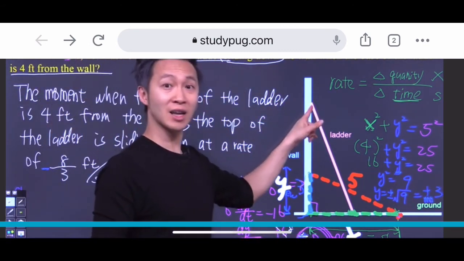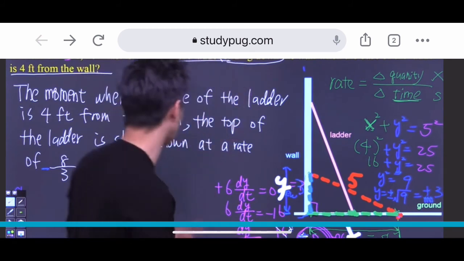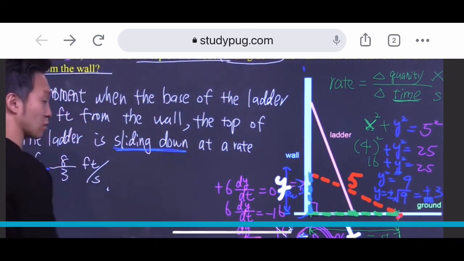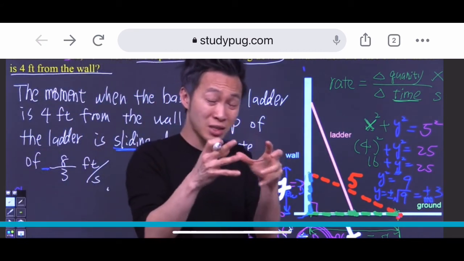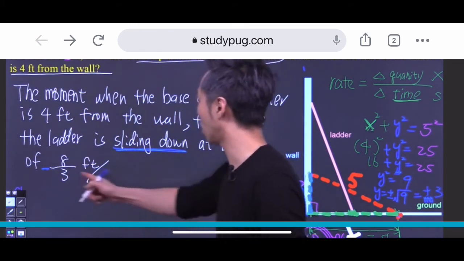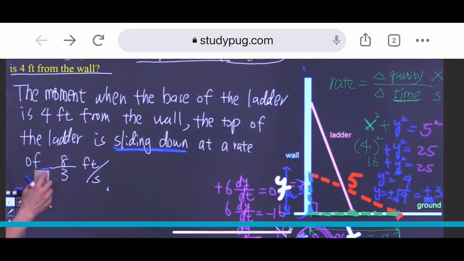The top of the ladder is sliding up or down? It's sliding down. So you already stated that. You don't want to emphasize the same point twice. So it's sliding down at what speed? At a speed of, remember, don't put the negative sign, 8 over 3 feet per second, okay?